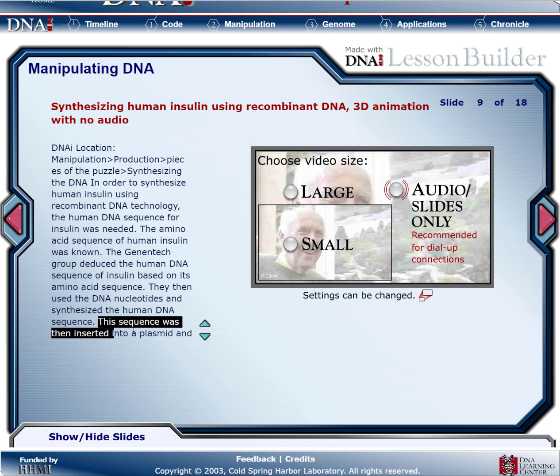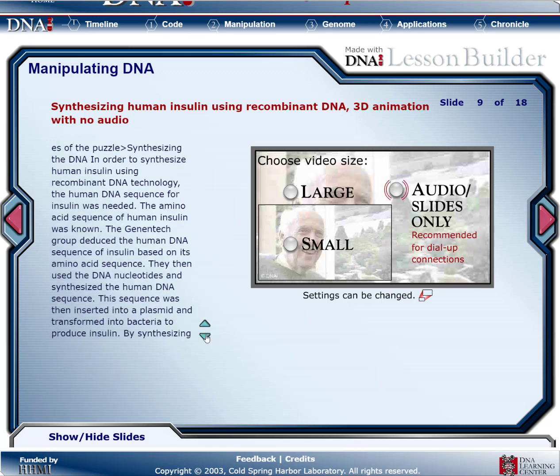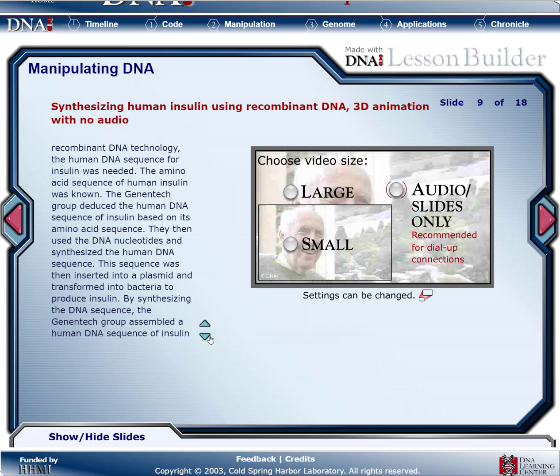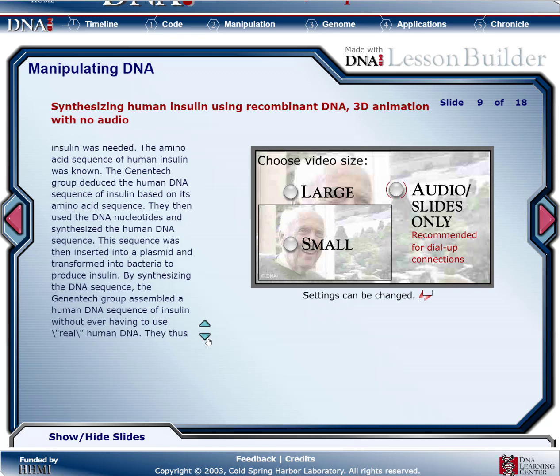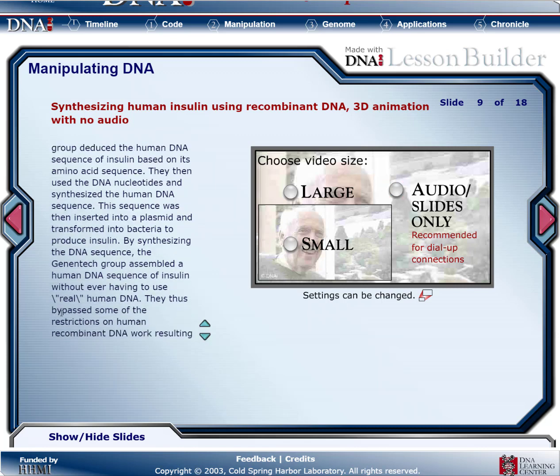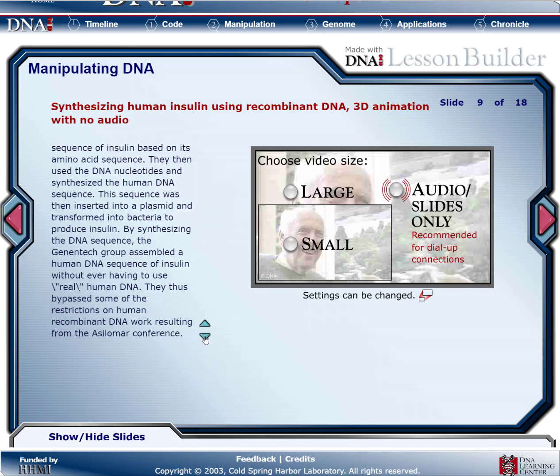The sequence was then inserted into a plasmid and transformed into bacteria to produce insulin. By synthesizing the DNA sequence, the Genentech group assembled a human DNA sequence of insulin without ever having to use real human DNA. They thus bypassed some of the restrictions on human recombinant DNA work resulting from the Asilomar Conference.